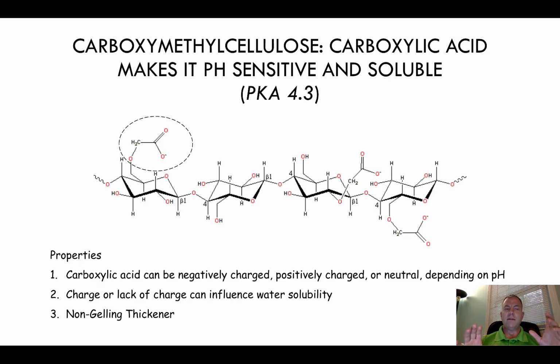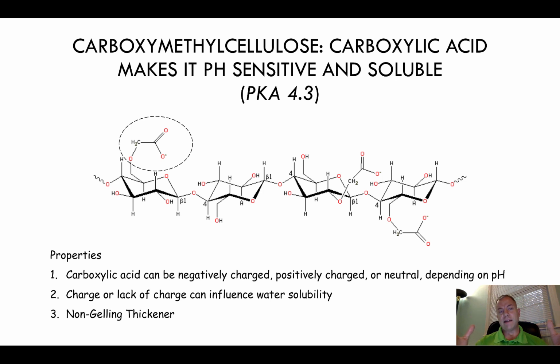So CMC, or carboxymethylcellulose, has added carboxylic acids, and so in addition to the glucose functionality, the fact that it has carboxylic acids, and those have a pKa of 4.3, means that depending on pH, it's going to be negatively or positively charged or potentially neutral.